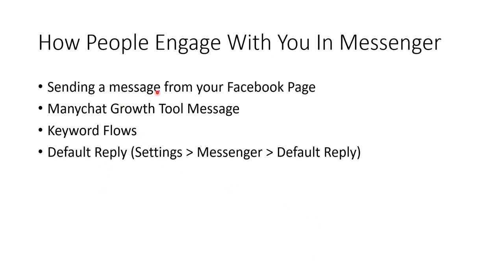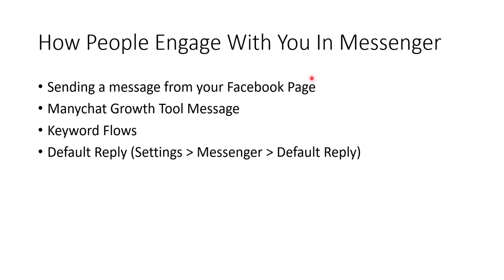We've already talked about sending a message from your Facebook page. We've already talked about the growth tools. Another one is what's called keyword flows. And what you can do within Manychat is monitor what people type in Facebook Messenger. And when certain words appear, you can make certain things happen.